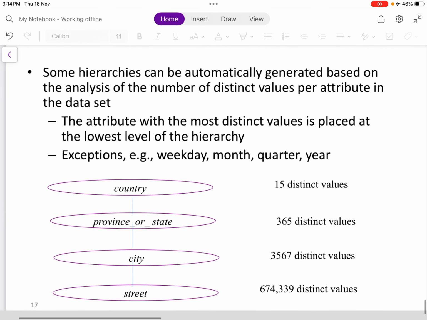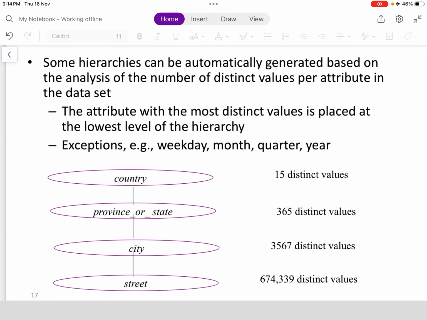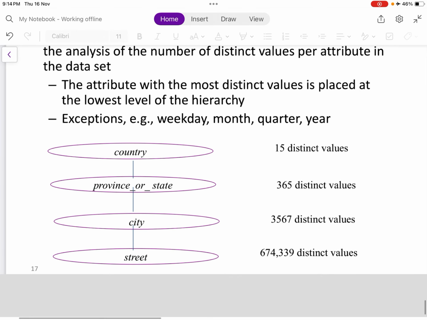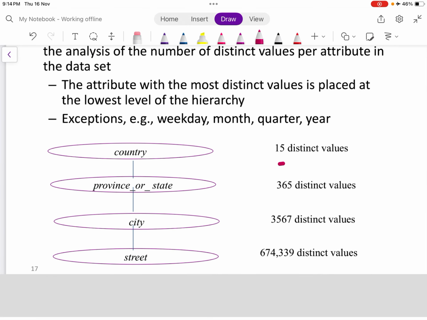Automatic concept hierarchy generation: some hierarchies can be automatically generated based on analysis of the number of distinct values per attribute in the data set. The attribute with the most distinct values is placed at the lowest level of the hierarchy. You have weekday, month, quarter, year. So country has 15 distinct values, then another has 365, this has more, this has still more.